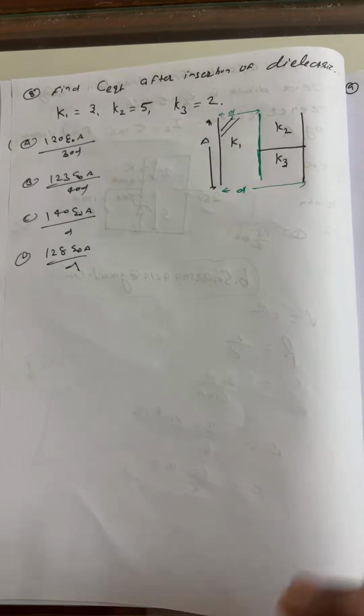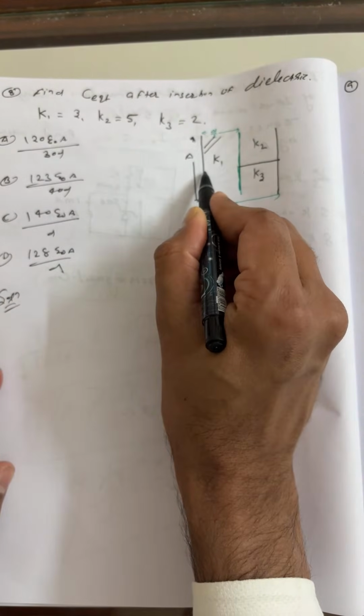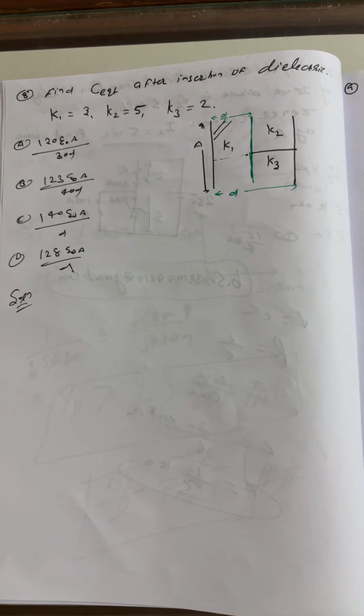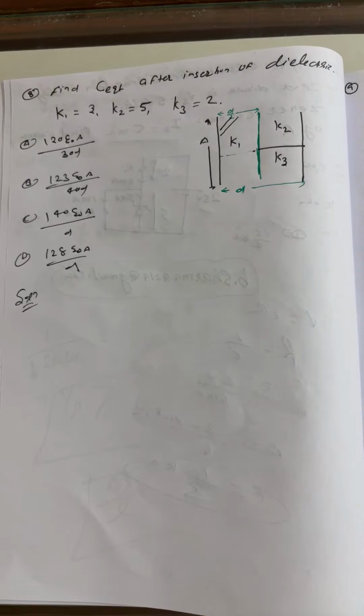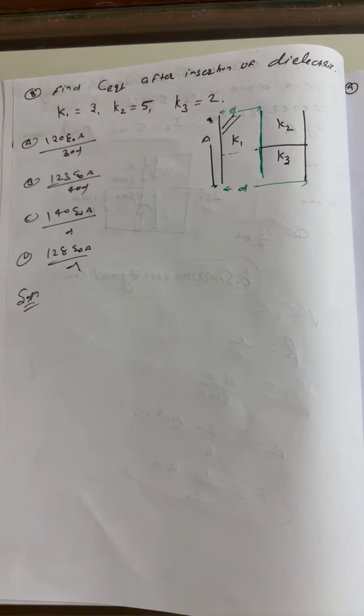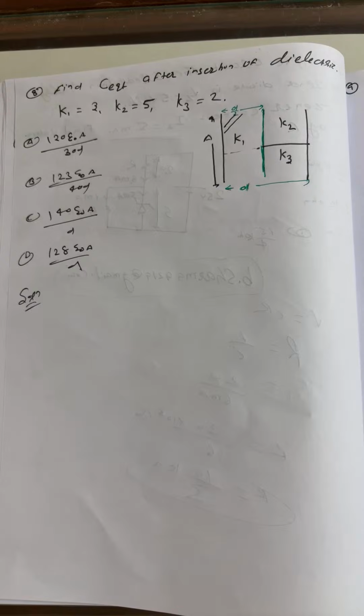Just break this circuit here, it's easy to solve. I'll break this one here, this is C1 by 2. This is C1 by 2, right? Now beta, look here, everyone.